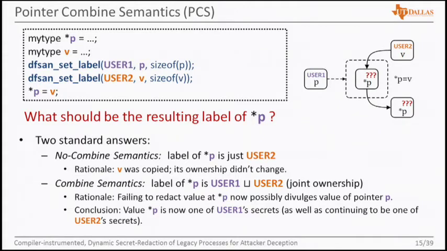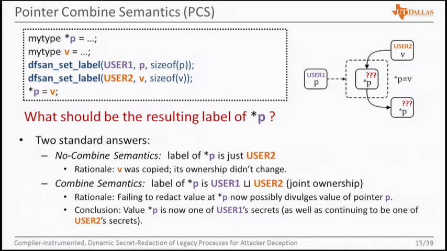However, in a secret redaction context, this is problematic because if user2 is an attacker and he controls variable v, and he has access to the redacted process image, so the memory of the process, then he can grep for this value v and find the value of the pointer p that belongs to user1. So this is potentially confidentiality violating.